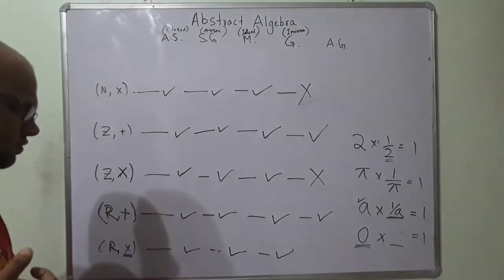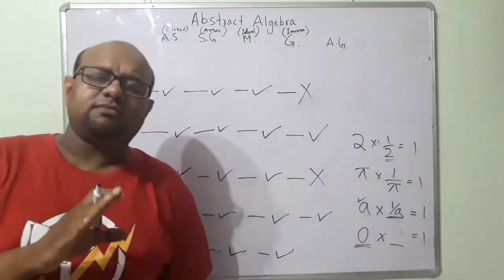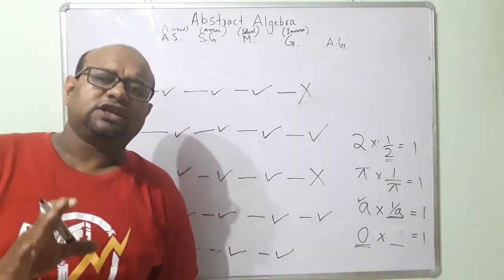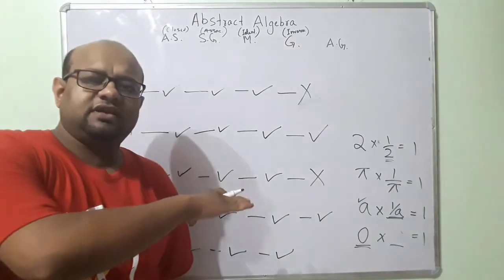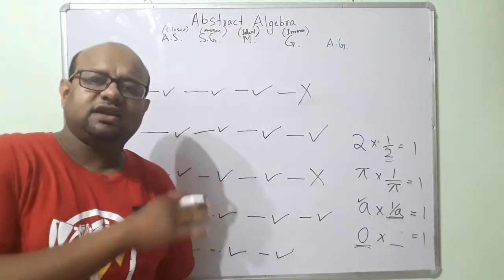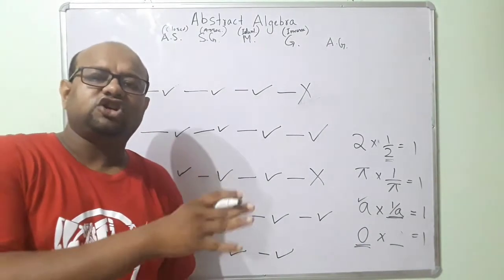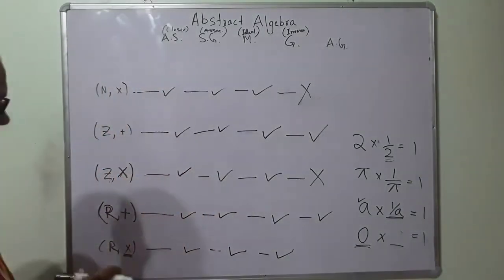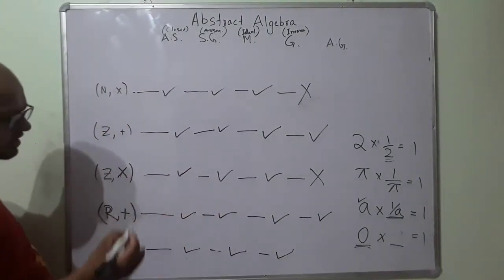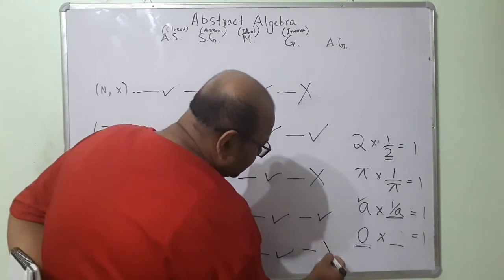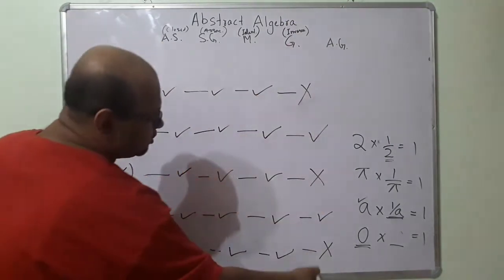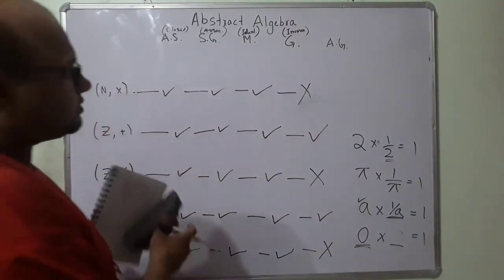So I know that for every real number, the inverse does not exist. There is a real number for which the inverse does not exist in the set. For that reason, I know the set of real numbers under multiplication is not a group.